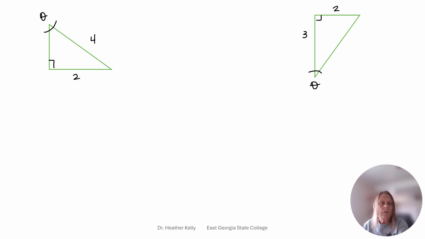Okay, so let's work a couple. Now notice I changed the perspective of where theta came from. It's super important that you're not always putting theta in the exact same spot, and that you're not always drawing the exact same triangle when you're working out problems.